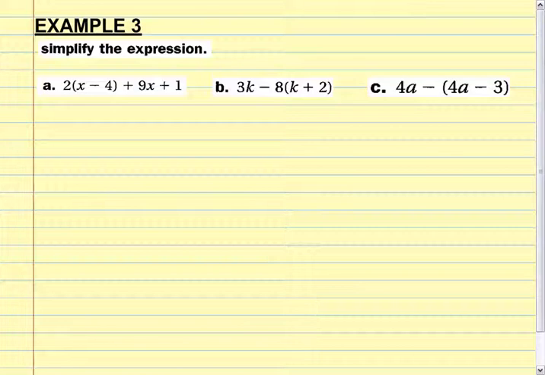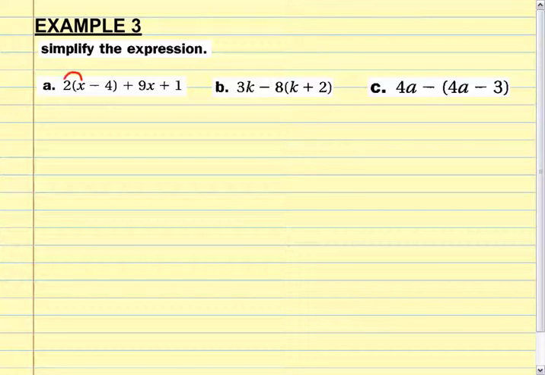It says simplify. That means PEMDAS. Can I do anything inside the parentheses, Catherine? Can I put x and negative 4 together? No. Are there any exponents? No. Is there any multiplication? Yes. That 2 is right next to that parentheses. So we're multiplying, but it's multiplied by everything in the parentheses.